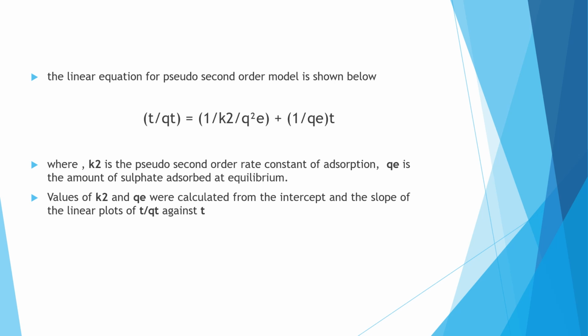Still on the pseudo order models, this is the second order equation where K2 is the pseudo second order rate constant, QE is the amount of sulfate ions adsorbed at equilibrium. Furthermore, values of K2 and QE were calculated from the intercept and slope of the linear graph of T divided by QT against T.